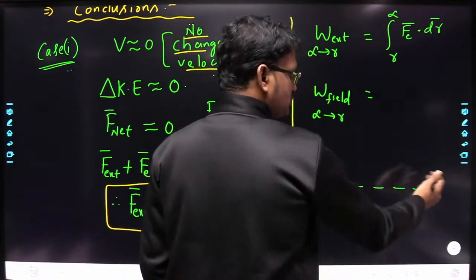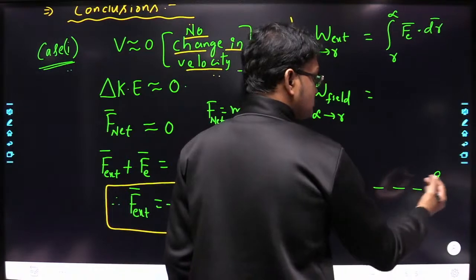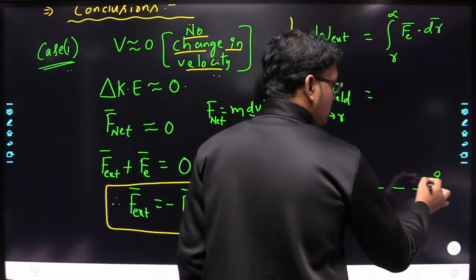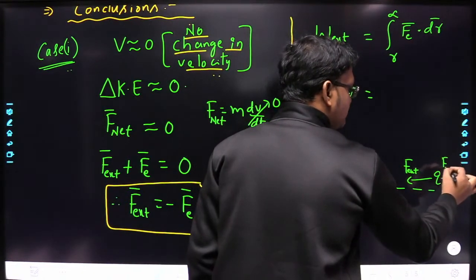You are trying to move this charge in this direction, so you have to apply the external force in this direction, and the field force is going to act in the opposite direction.